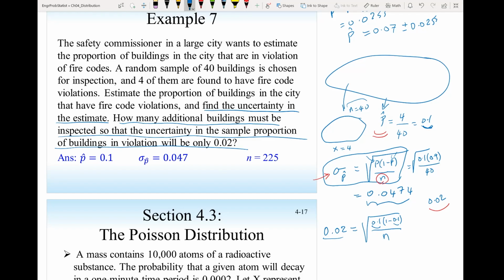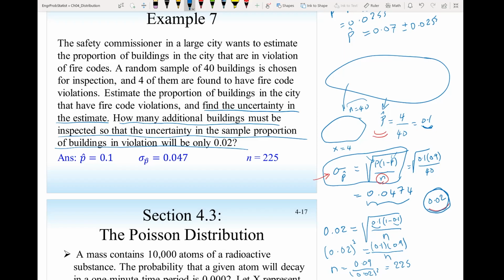And if you solve this, we can square both sides, and I will have here 0.02 squared equals 0.1 times 0.9 divided by n. And we can solve for n. This will be 0.09 divided by 0.02 squared. And this will give us 225 houses we need to inspect to reduce the uncertainty to 0.02.